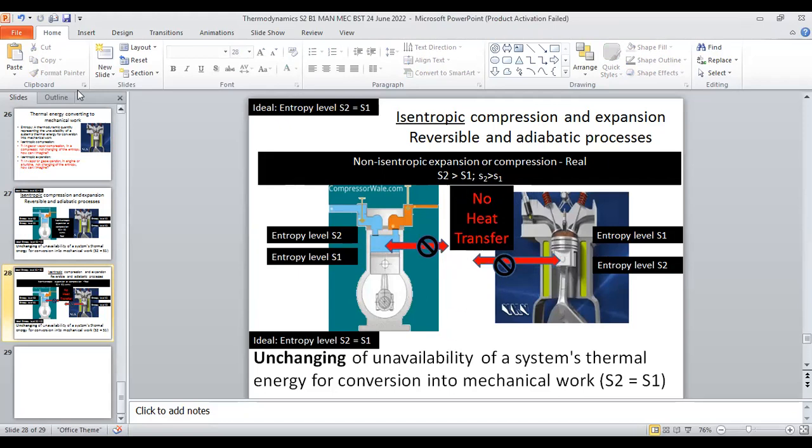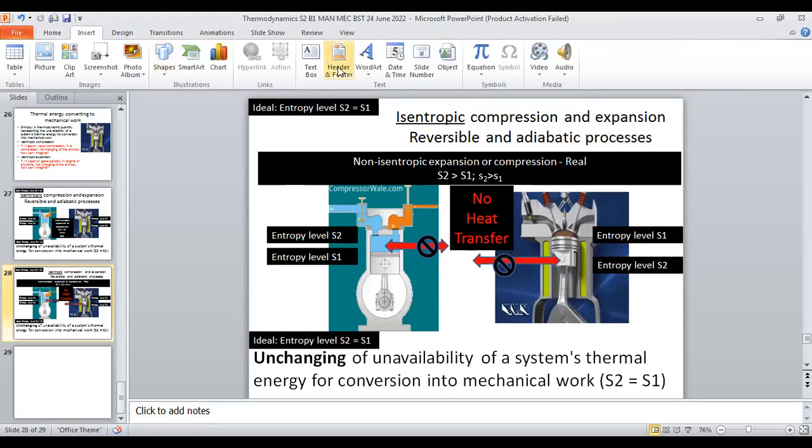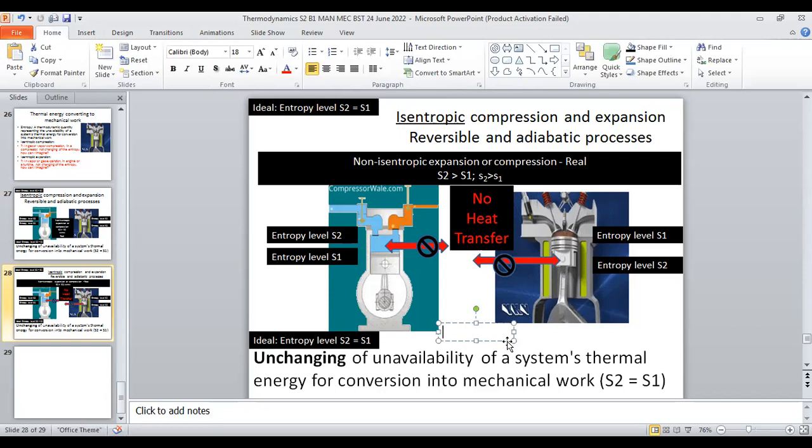So no heat transfer we call adiabatic. Okay, no heat transfer means adiabatic. Later you can explore how these words came.